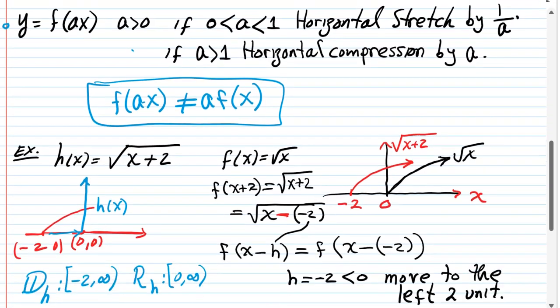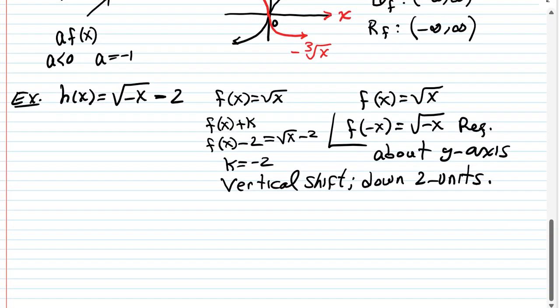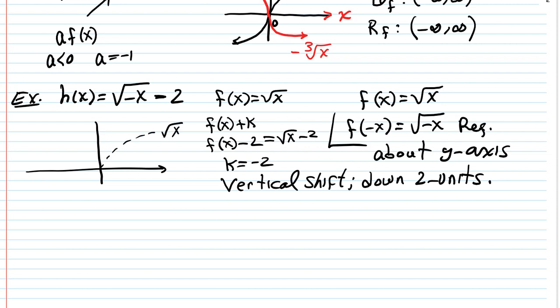Okay. And let's now actually graph this thing. So the basic graph was a square root, right? Suppose this is square root of x. Square root of negative x is going to be a reflection. That's square root of negative x. And then minus 2 will drop this graph down 2 units.